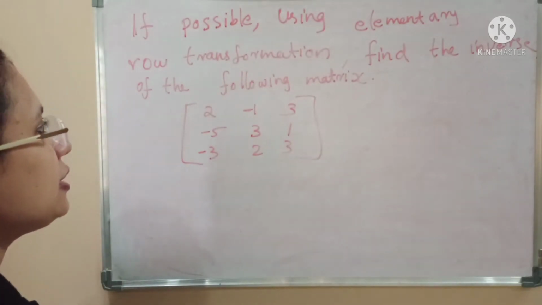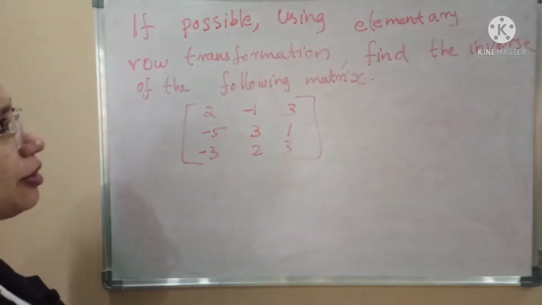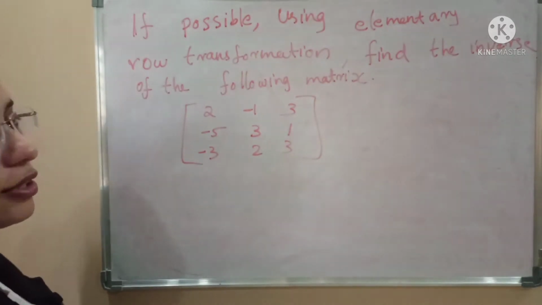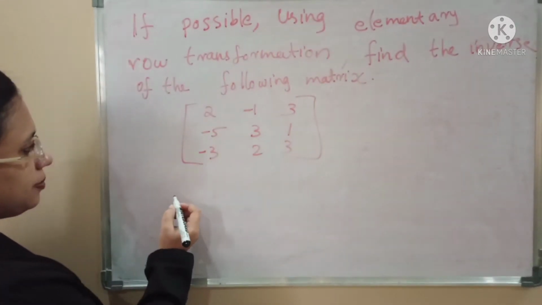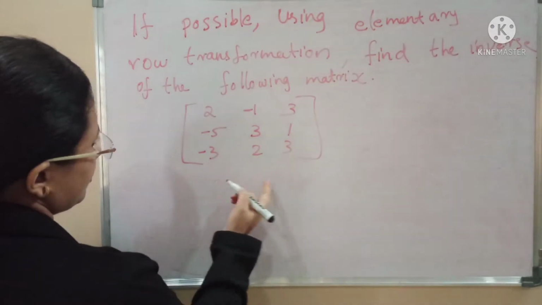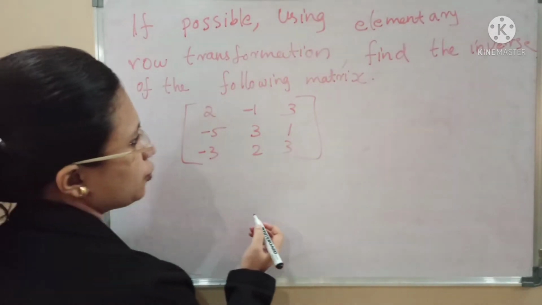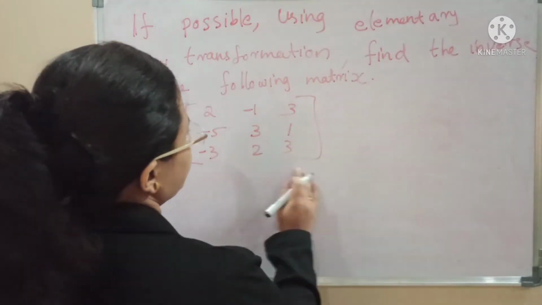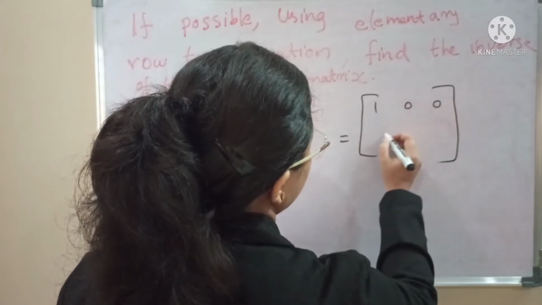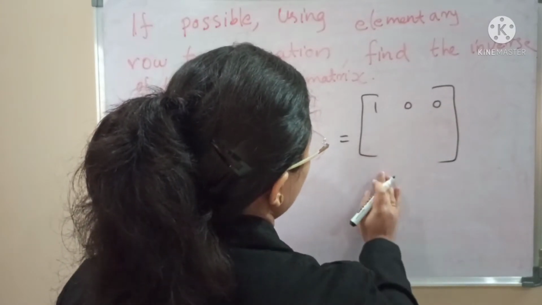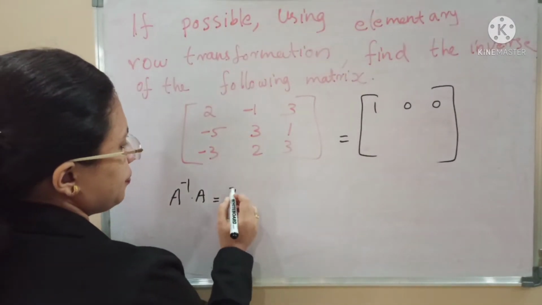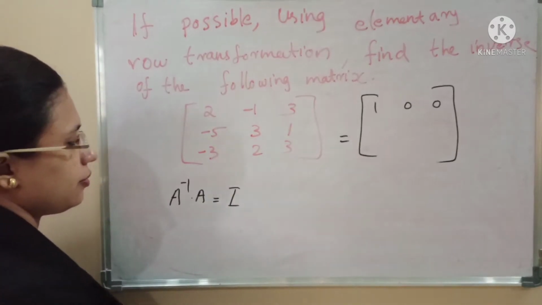Okay, so we'll start. Using elementary row transformation, find the inverse of the following matrix. So how to do this? We have this matrix. First of all, write it like A equals, so we know that A inverse into A is equal to the identity matrix, right?